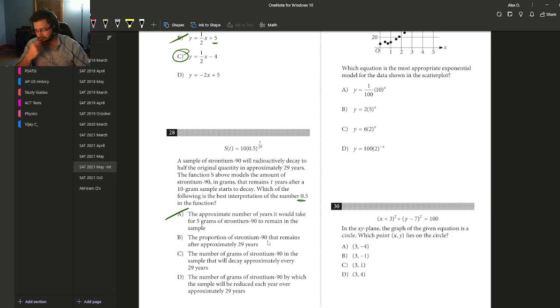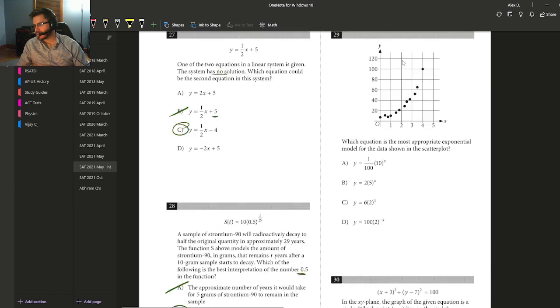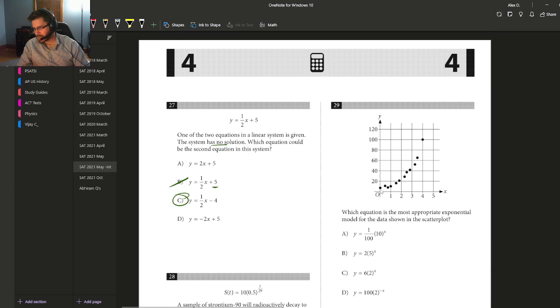No. Proportion of strength that remains after 29 years. Yes. Not the number of grams, it's the rate. No. Exponential function over here again. Y-intercept is about 10 or so.